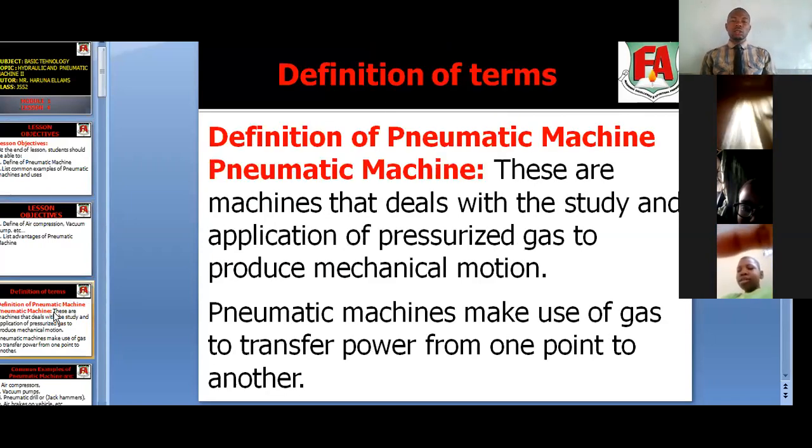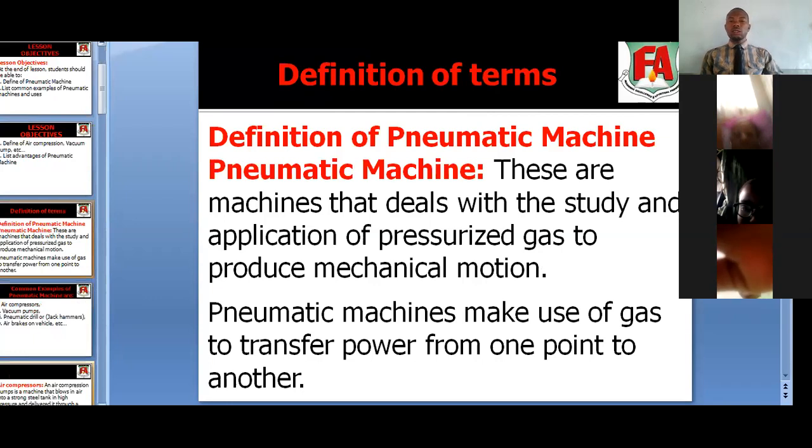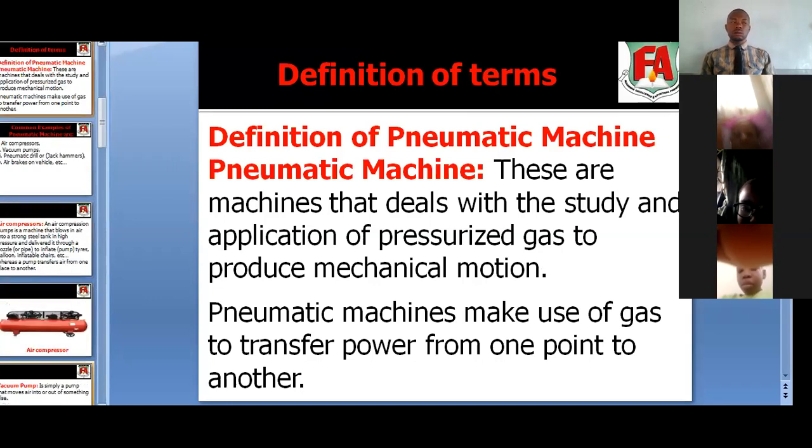Let's quickly look at definitions of terms. What is a pneumatic machine? Don't forget, in our last class, we've seen hydraulic machine. In this class, we're going to be looking at pneumatic machines. And what are pneumatic machines?